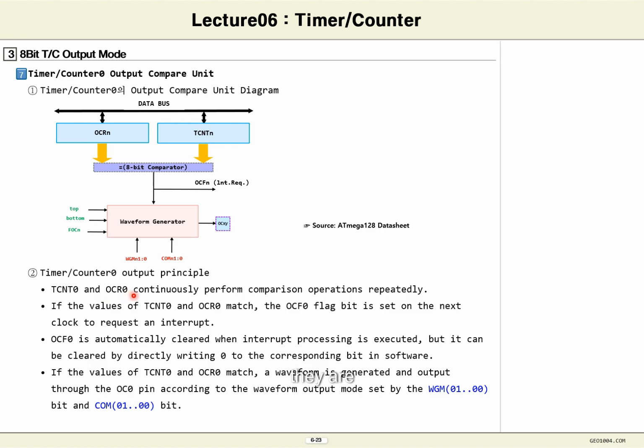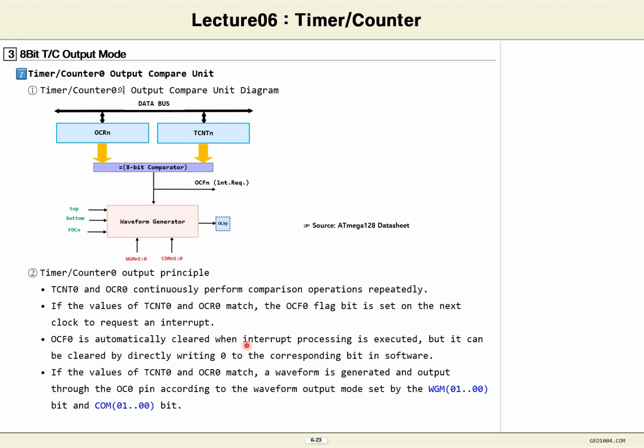So, they are continuously compared. And if a match occurs between TCNT0 and OCR0, the flag bit of OCF0 is set and an interrupt is requested immediately at the next clock. OCF0 is automatically cleared.